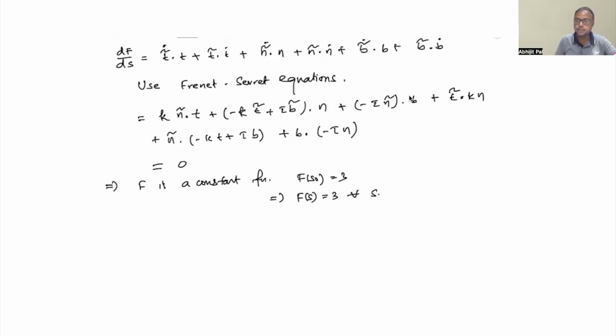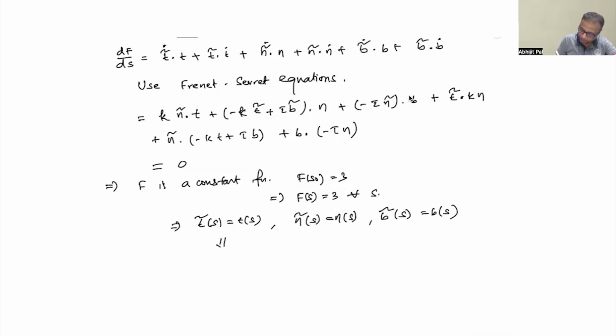So using this, how do you show that this gamma s is equal to gamma tilde s? Okay, so from here, what we are getting is t tilde s is equal to ts, n tilde s is equal to ns, and b tilde s is equal to bs.